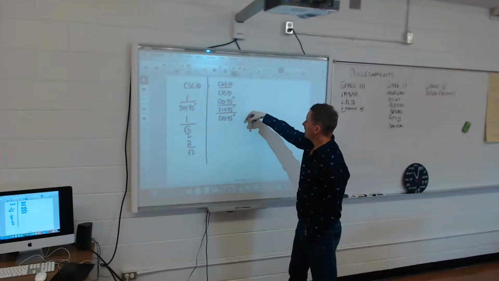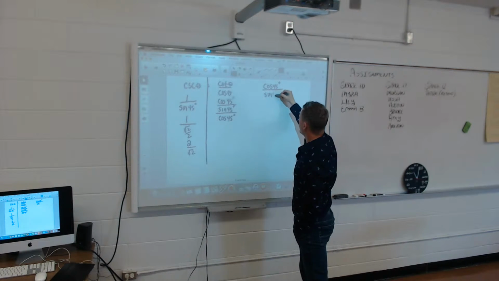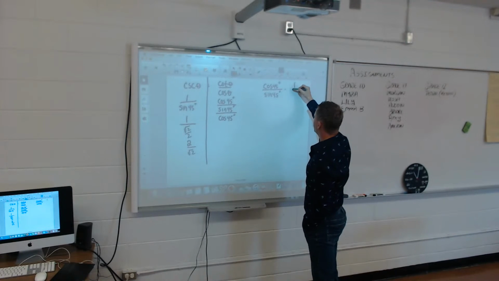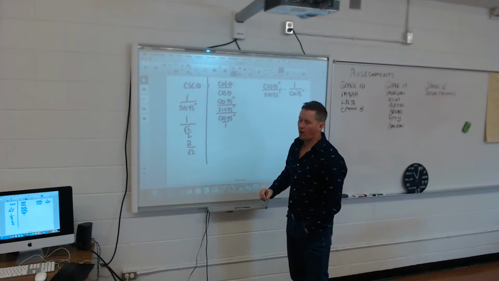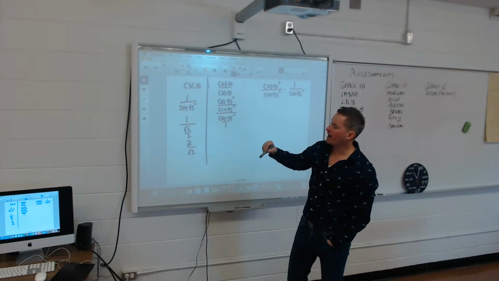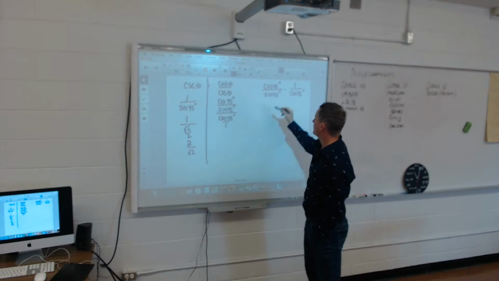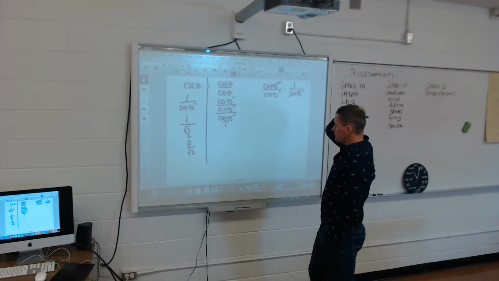This guy, I'm going to just write it over here. Cos 45 degrees over sine 45 degrees divided by that is the same as multiplying by 1 over cos 45 degrees. Because when I divide fractions, I multiply by the reciprocal. That gives me that.